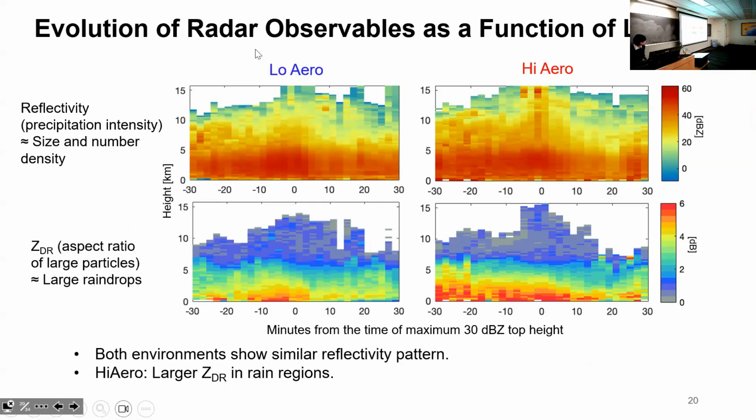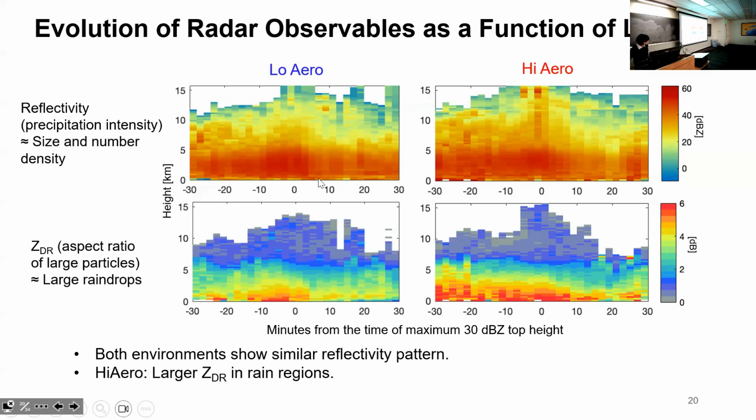These are the height versus time cross sections of radar reflectivity on the top and ZDR on the bottom. These are composite plots of all convective cells, and the center of each panel represents the time of maximum 30 dBZ echo top height.